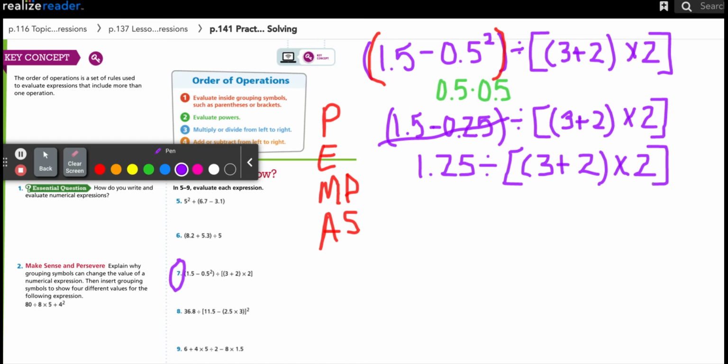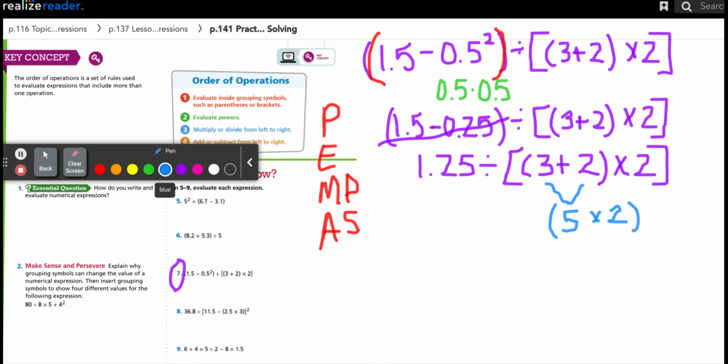So now we have to look inside that other bracket. I'm still not done with all my parentheses and brackets. So when we have brackets and parentheses, we start by looking inside those parentheses, inside the bracket. So what's 3 plus 2? 3 plus 2 is 5. Write that 5, bring down the rest, times 2. So those brackets can now become parentheses because I don't have any other parentheses in there.